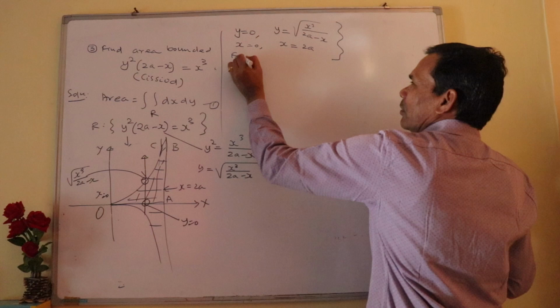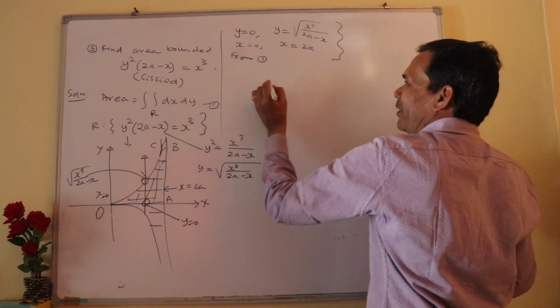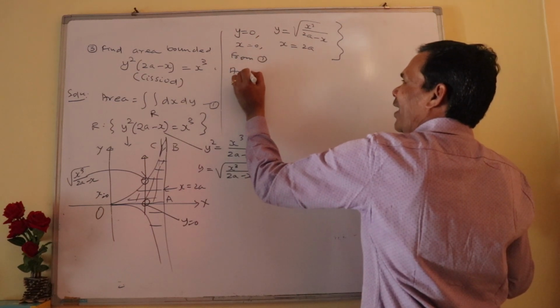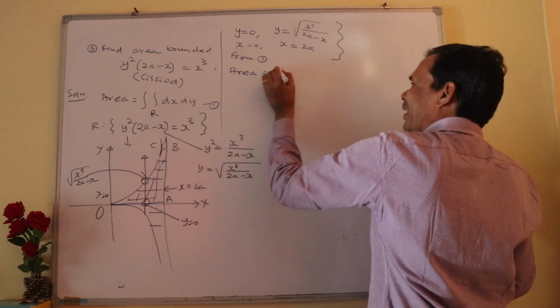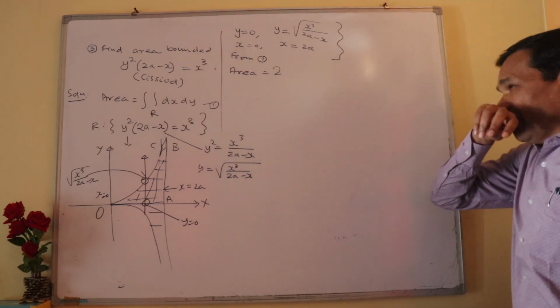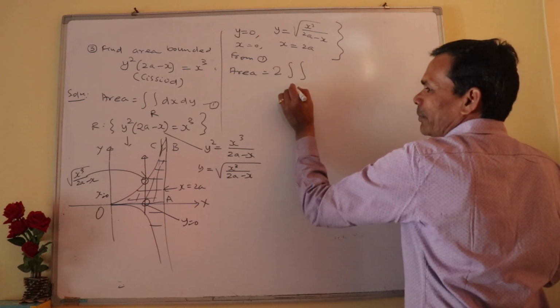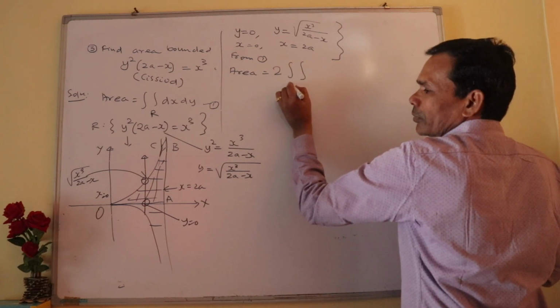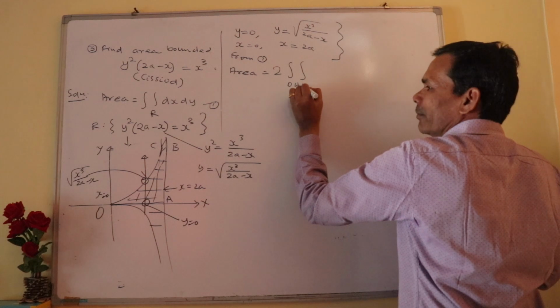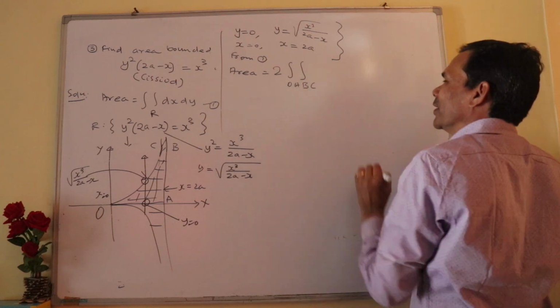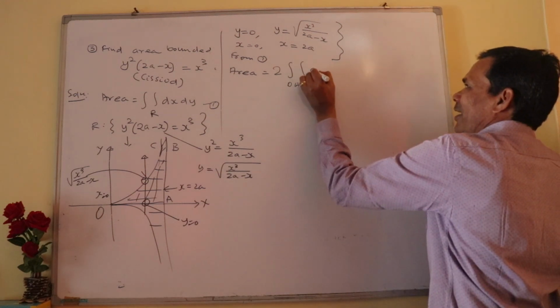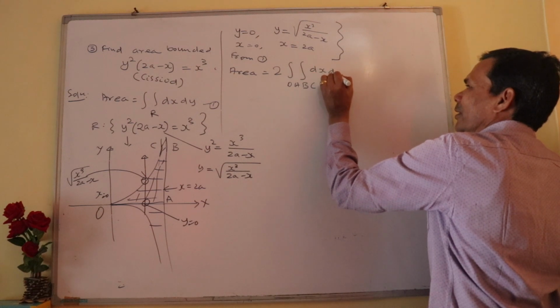So from this, what you are getting is that the total area, the required area, is 2 times the area of OABC, this area, it is dx dy.